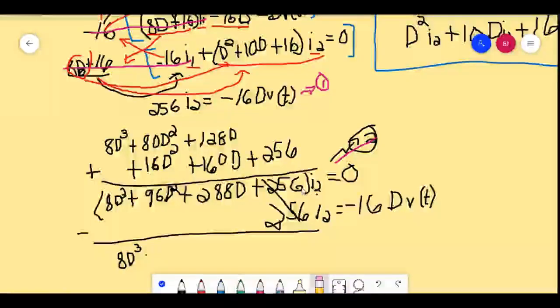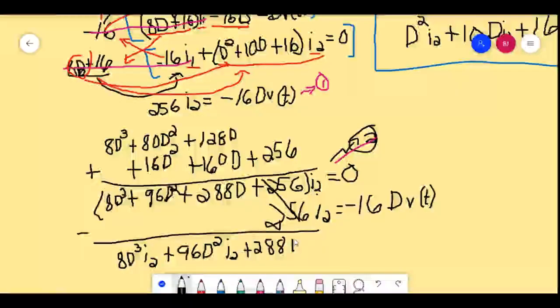Wait, let me put in the I2 already. So I2 plus 96d squared I2 plus 288d.